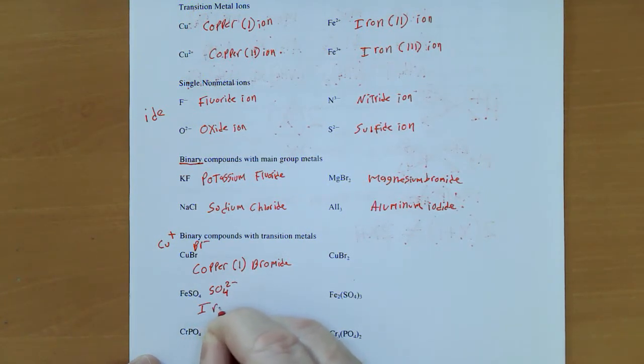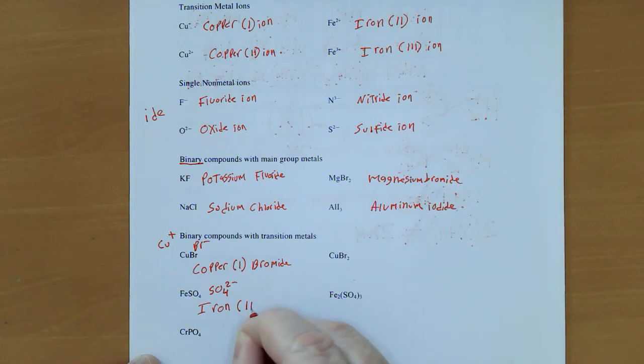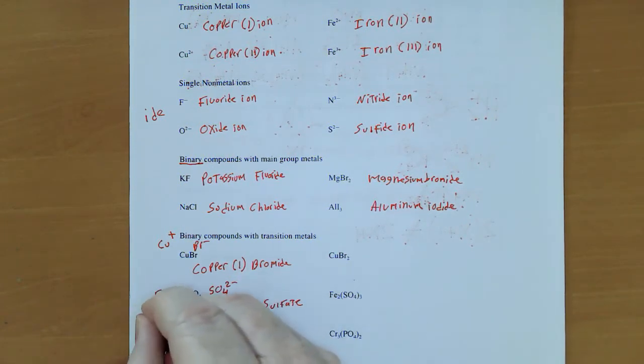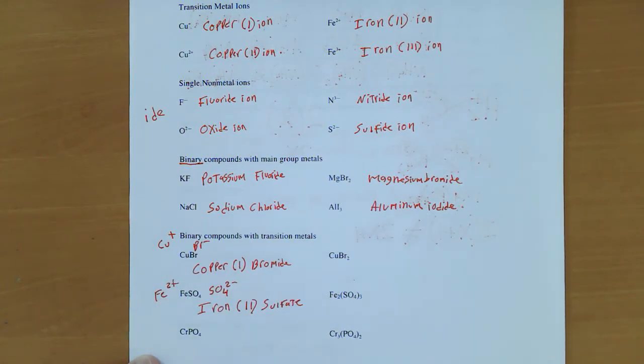So this is iron 2 sulfate. Because this had to be an Fe with a 2+, because they were in a 1-to-1 ratio. This has got a phosphate in it, a PO4 3-. So that must be a Cr 3+, because they're in a 1-to-1 ratio. So this would be chromium 3 phosphate.